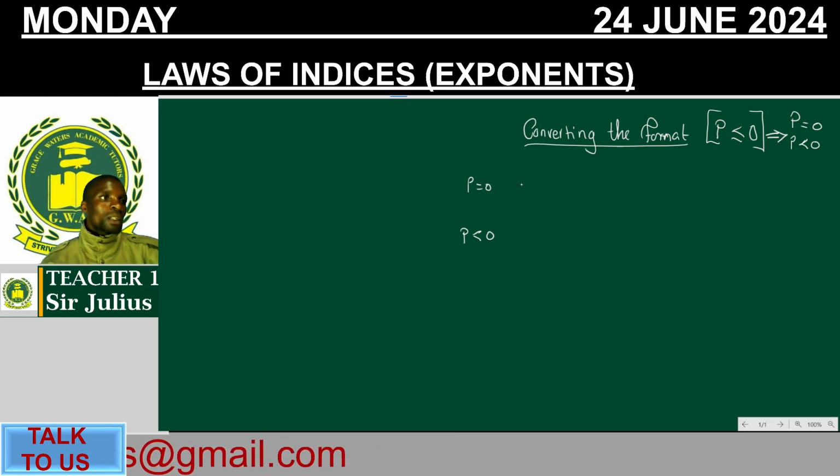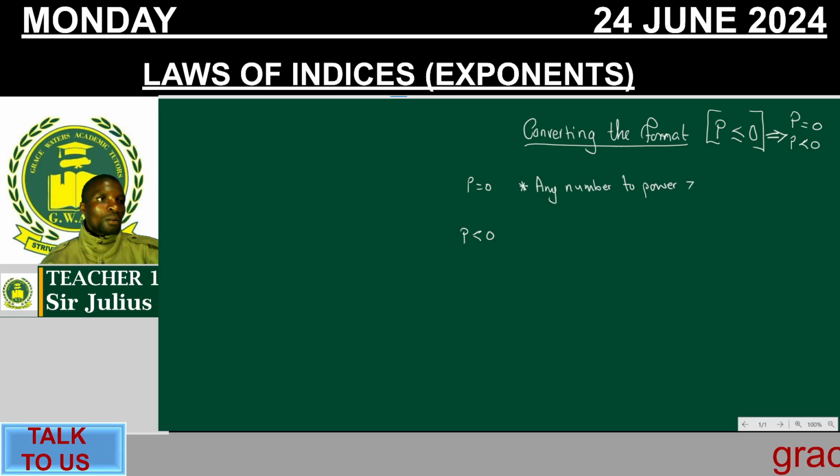The law states that as long as the power is 0, any number to the power 0 is equivalent to 1.